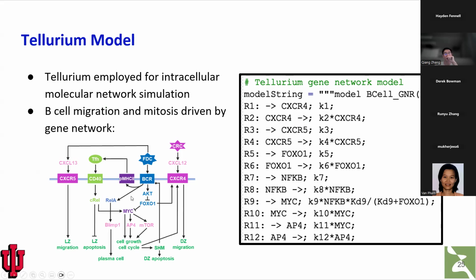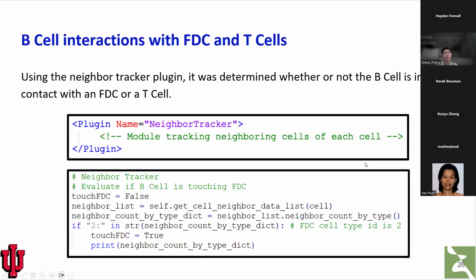That in turn triggers a number of intermediate signal transduction steps, eventually causing upregulation or downregulation of intermediate transcription factors, and each one of those is able to drive certain cellular behavior, as you see over here. Because of time, I will not go over the details of these steps. And this is the Tellurium gene network model in that particular format.